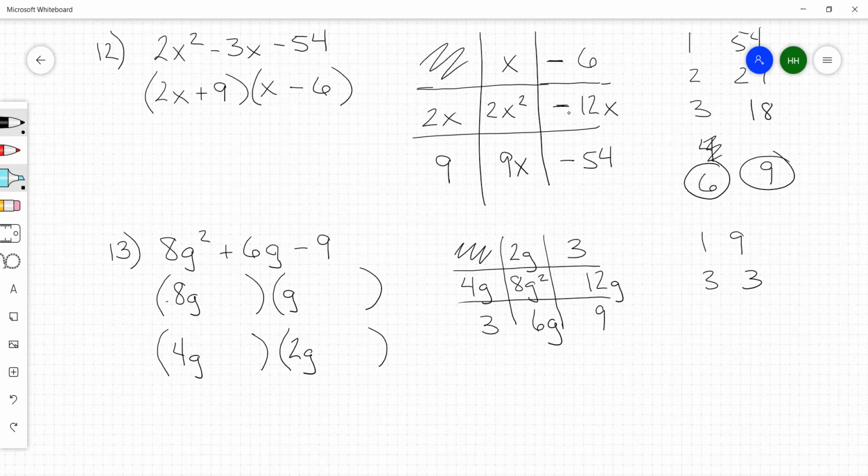And the 6g has to be negative, because 12 minus 6 is 6. So if the 6g has to be negative, that means this 3 has to be negative. So the 3 that's with the 4g has got to be negative. So this is minus 3. And the 3 with the 2g needs to be positive 3. Everybody good with that?